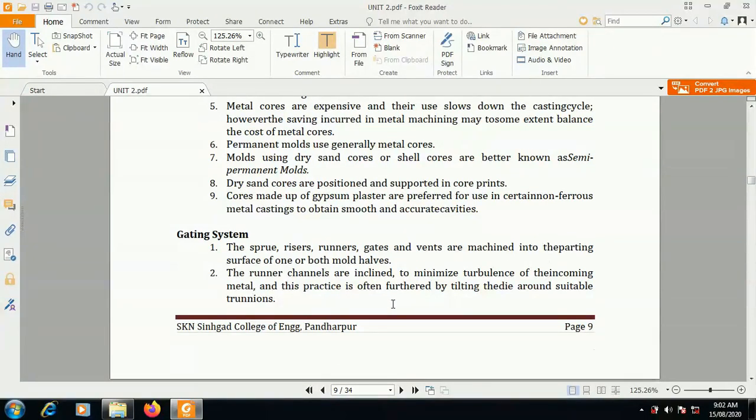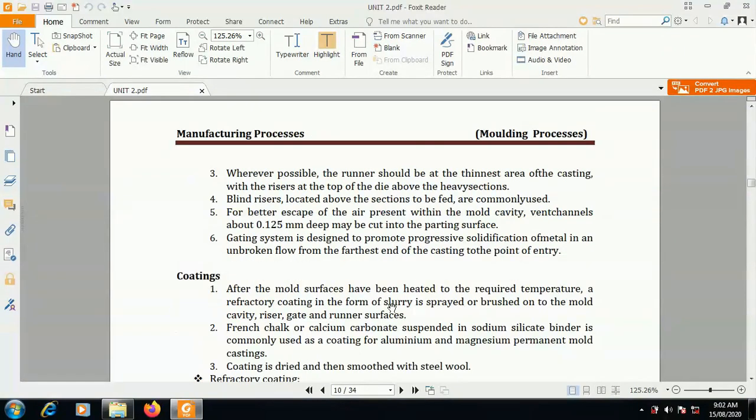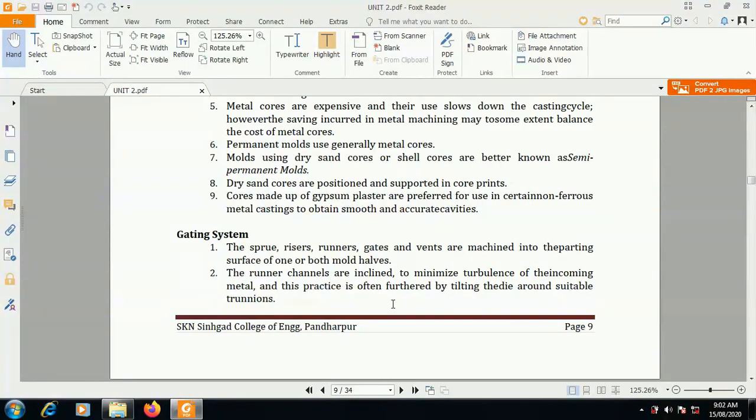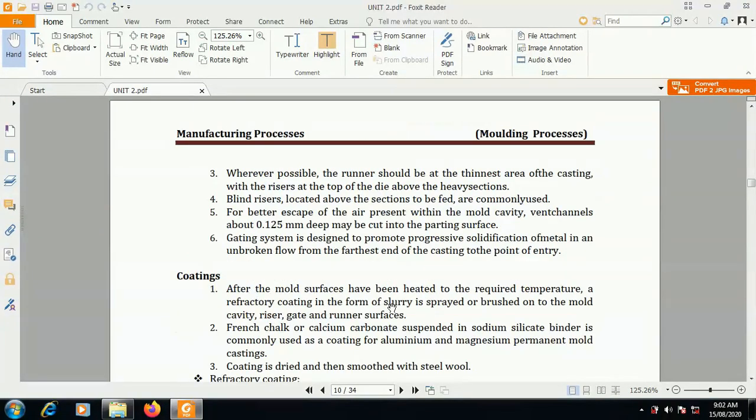Here utmost attention we have to give to the design of the gating system, because once you make the gating system, there is no correction to it. A lot of cost is involved in maintenance of that gating system. That's why we have to take a trial and error approach or carry out experimentation for the proper design of the gating system.